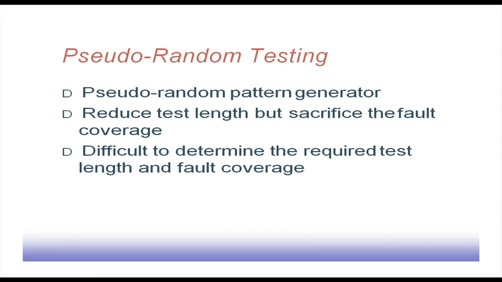Of course, there is another issue: the response analyzer is not going to check each individual output separately, but only gives us a signature at the end of the session. For each fault we can see whether it gives a different signature or not. For all those faults where we get a different signature from the fault free circuit, those faults are detected, others are not. So fault coverage becomes an issue, and it is very difficult to determine the required test length and the fault coverage.